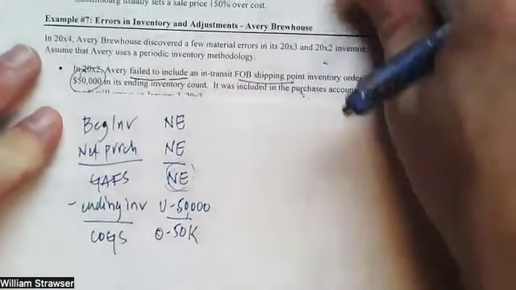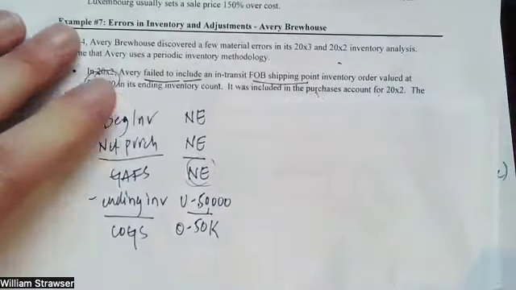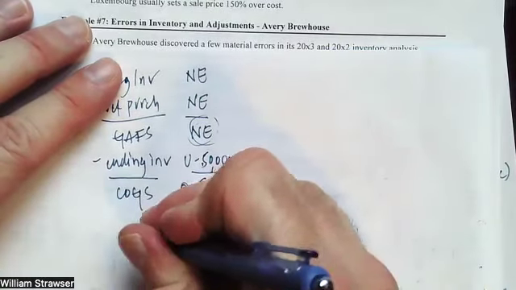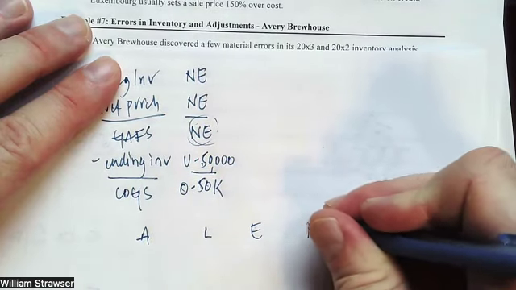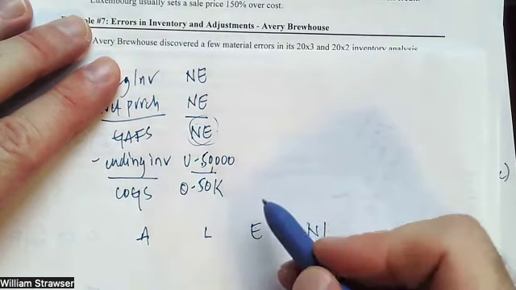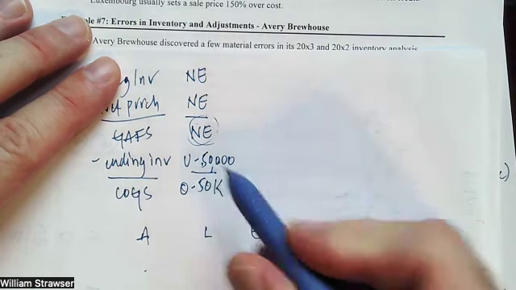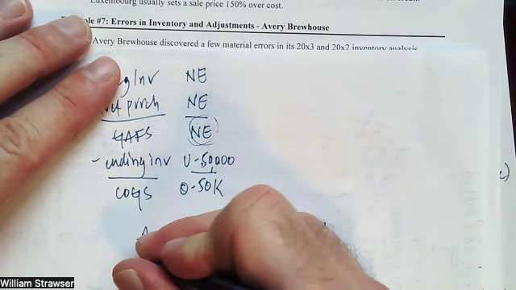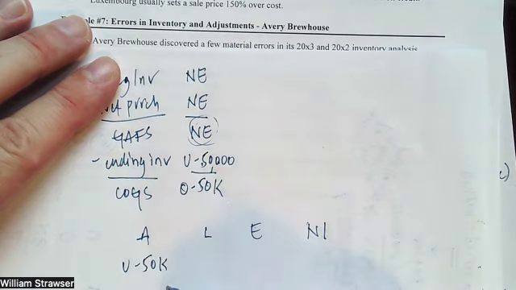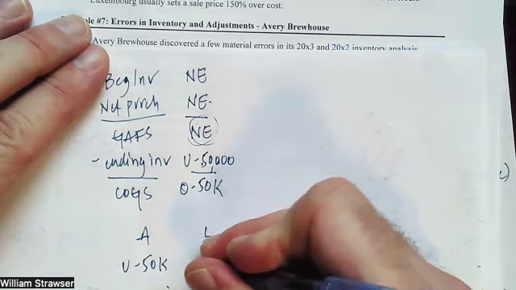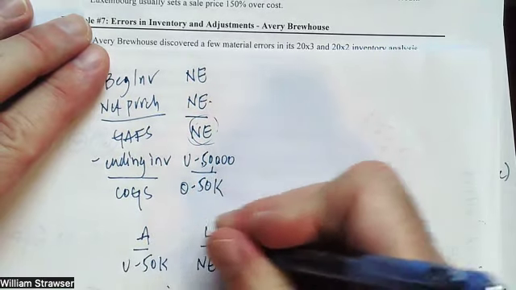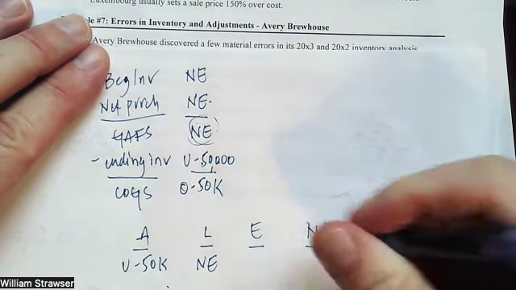So for year one, these are the errors that we record for assets, liabilities, equity, net income. We have an issue with assets. They're understated by 50. There was no issue with purchases, so there's no issue with liabilities. No accounts payable running around that are problematic.